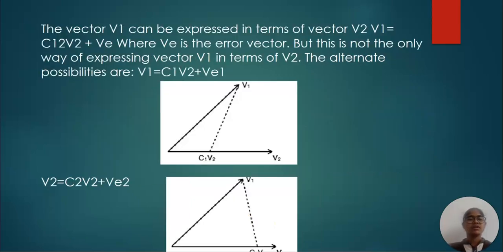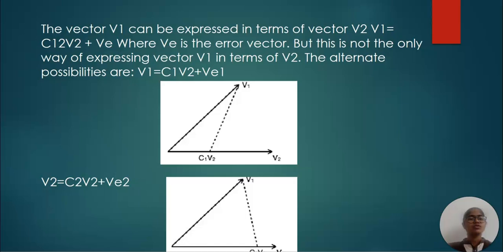The vector V1 can be expressed in terms of vector V2: V1 equal to C12 V2 plus Ve. Here Ve is the error vector, but this is not the only way of expressing vector V1 in terms of V2.